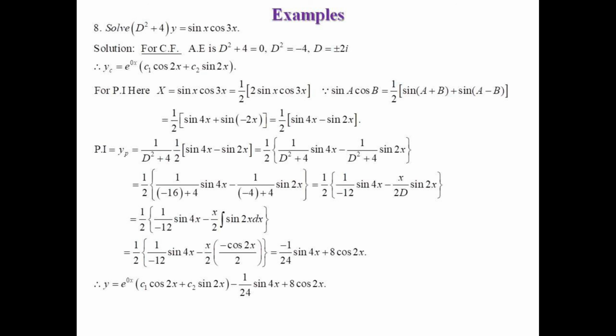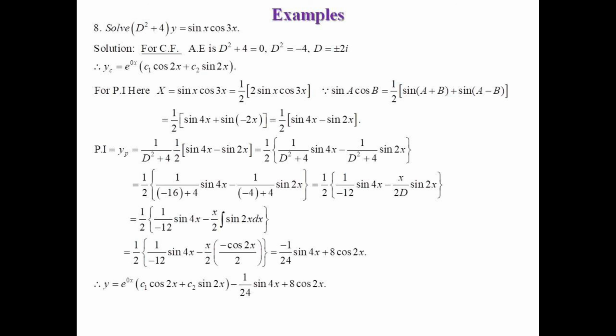Here we have a product of sine and cos, but if we apply the standard formula sin A cos B equal to 1 upon 2 (sin (A plus B) plus sin (A minus B)), we can write sin x into cos 3x as 1 upon 2 (sin 4x minus sin 2x).